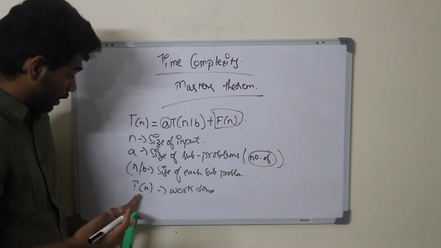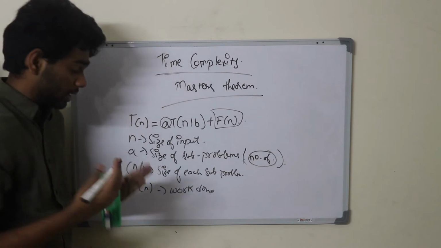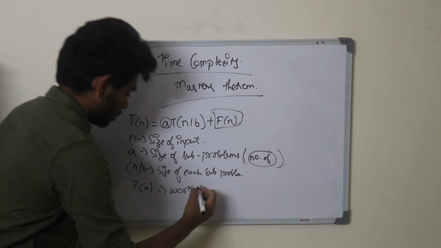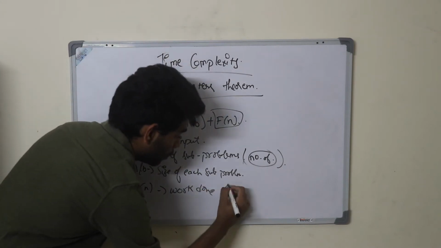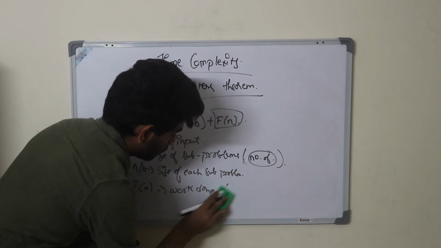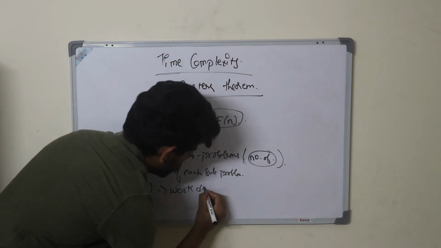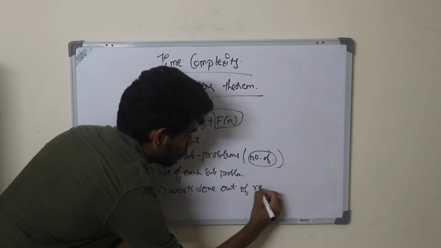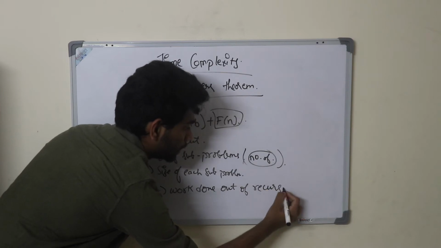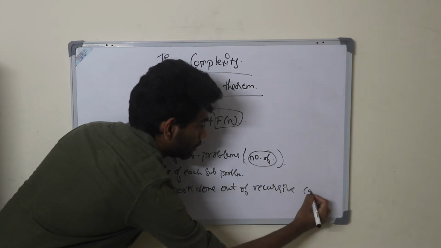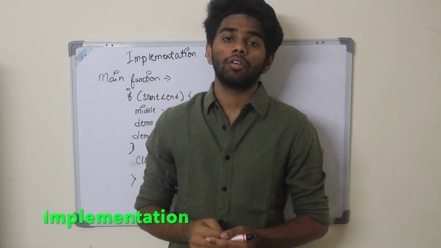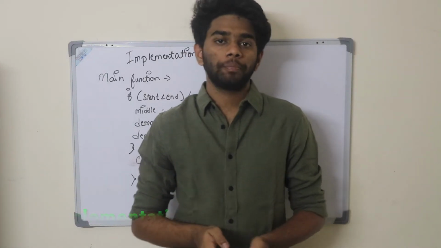So f of n is a part in which the work done outside of the recursive call is calculated.